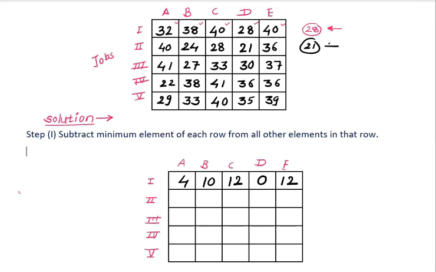Subtract 21 from all the entries in the second row. We get 40 minus 21, 19.